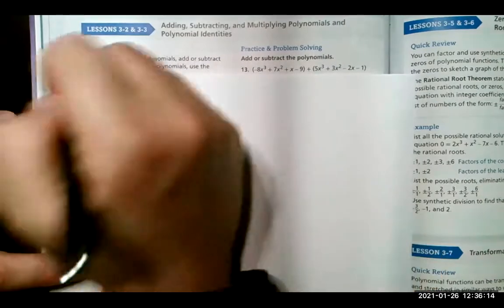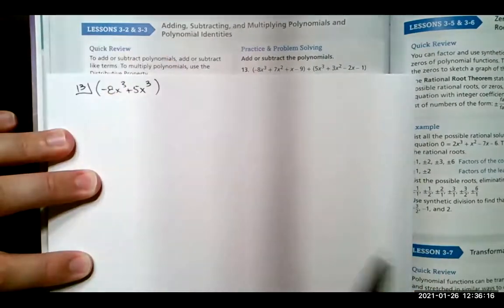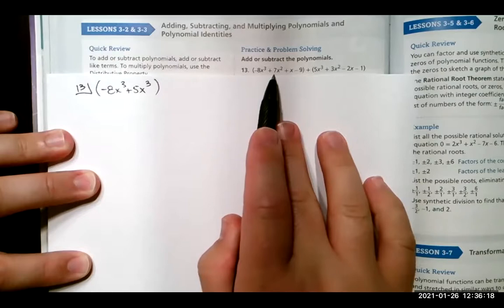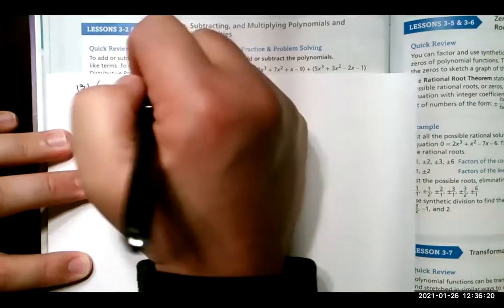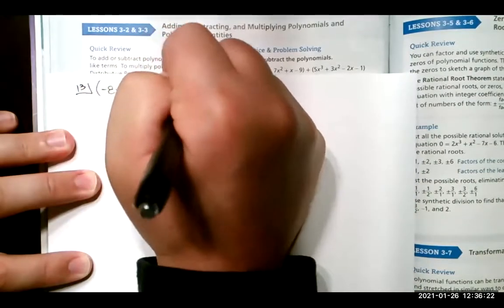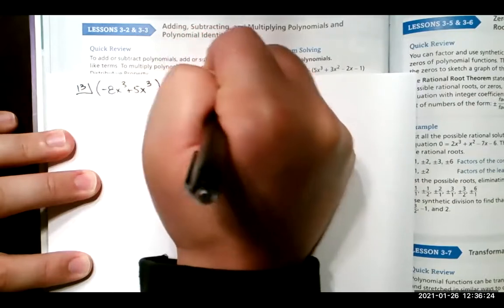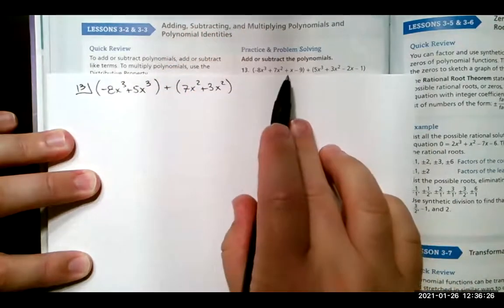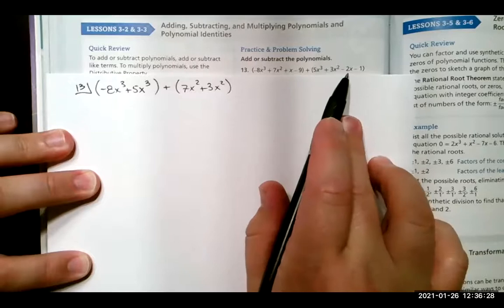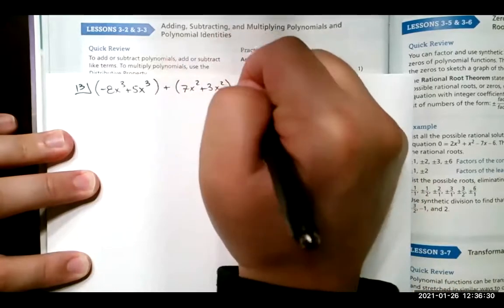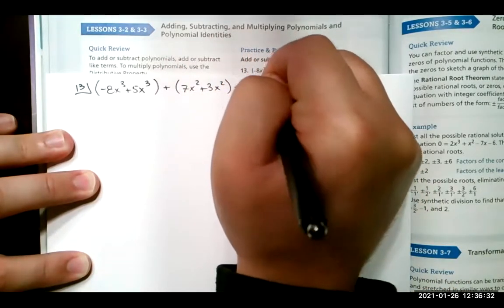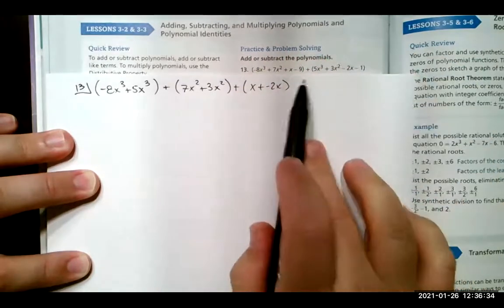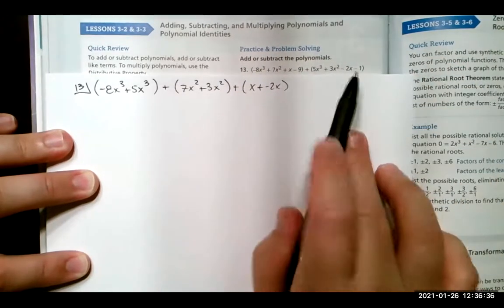I'm just kind of grouping them, kind of like they did in that workbook a second ago. 7x squared plus 3x squared. x plus negative 2x. And then negative 9 plus negative 1.